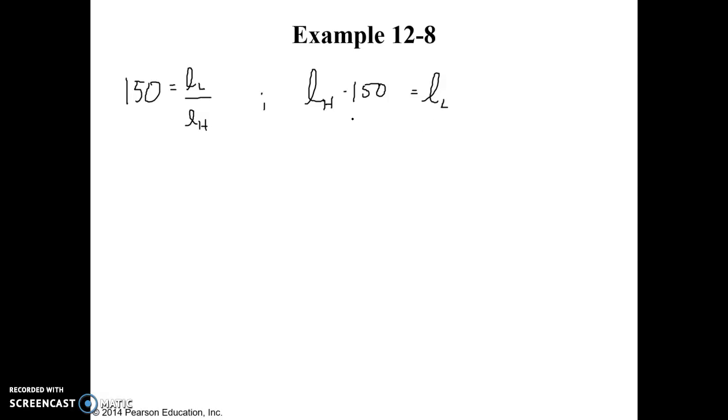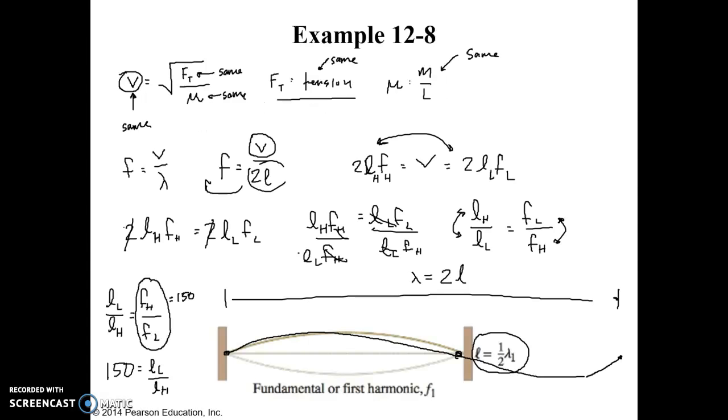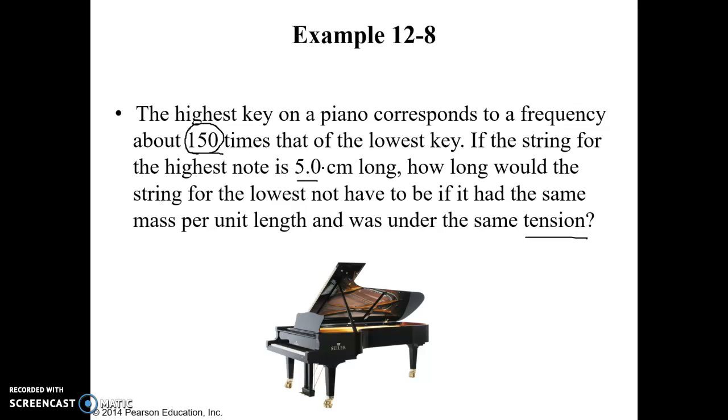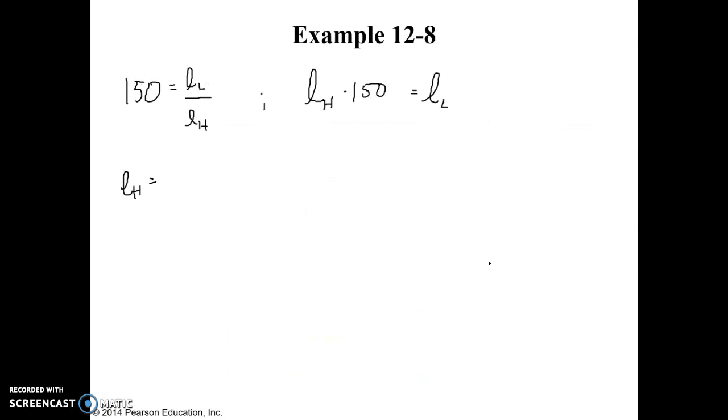So I've basically done all this mathematical manipulation, jumped through all these algebraic hoops, just to arrive at this conclusion that the low string is going to need to be 150 times longer than the high string. And we were told in the problem statement that the high string was, what were we told here? Jump back, 5 centimeters. Okay, so 5 centimeters is the length of the highest note.